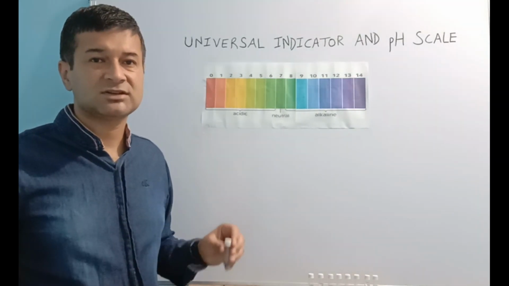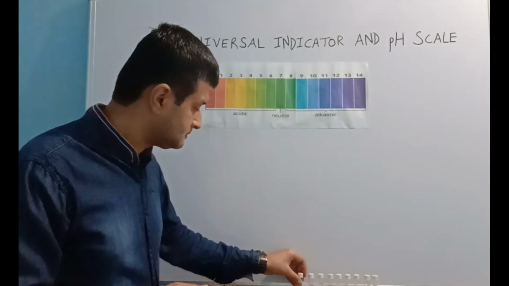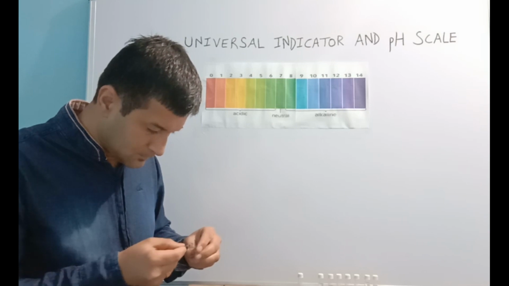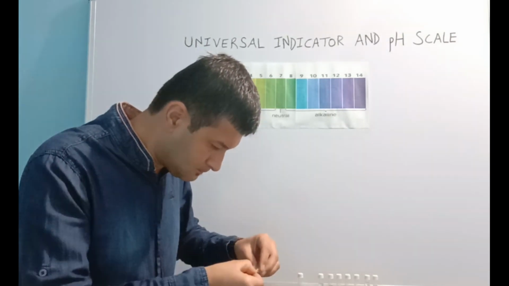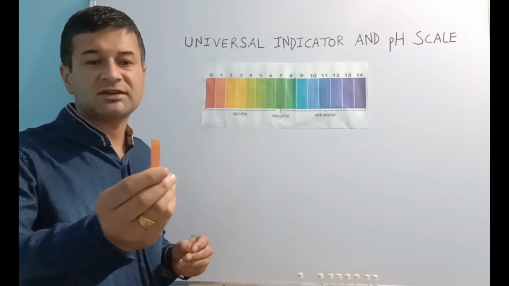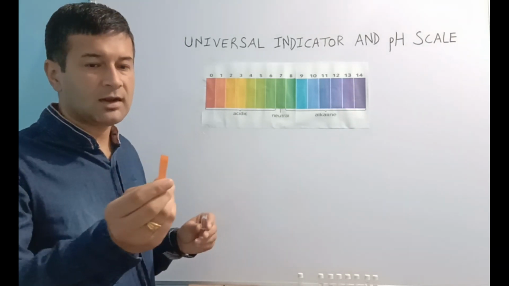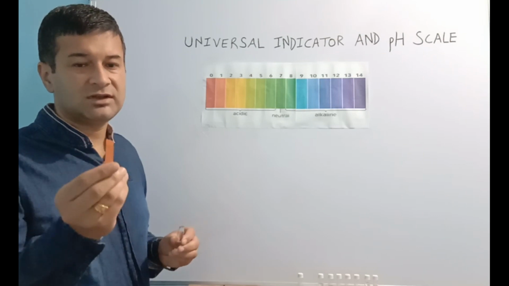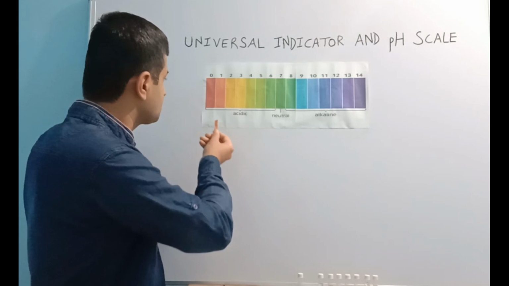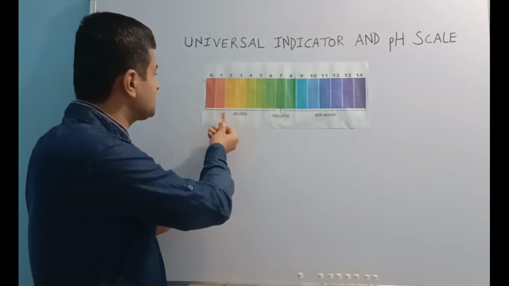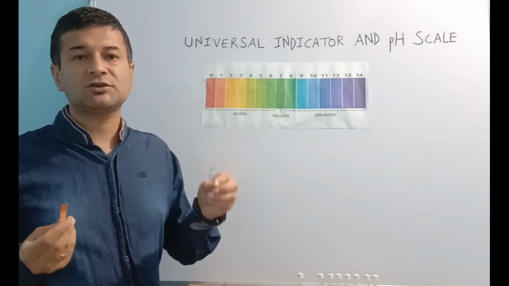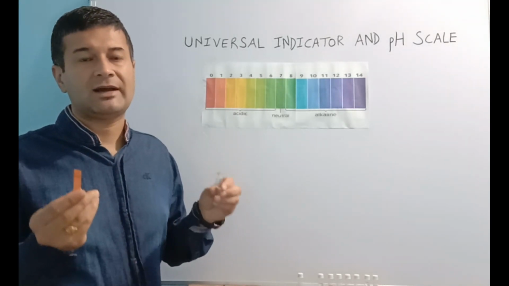Let us take the next solution. Here you see that it has turned orange. Now let us try to see the pH value of this solution. So the color is matching with the corresponding pH value 1. That means this solution is a strong acid.